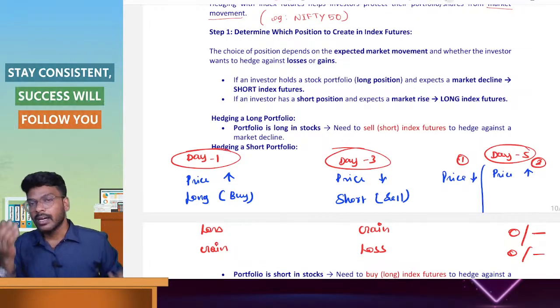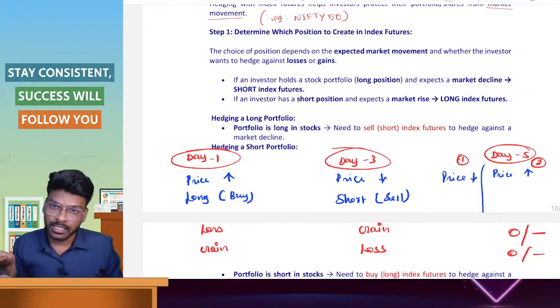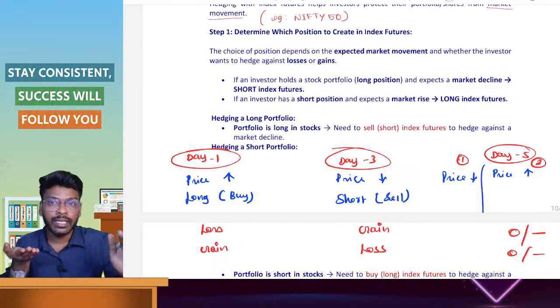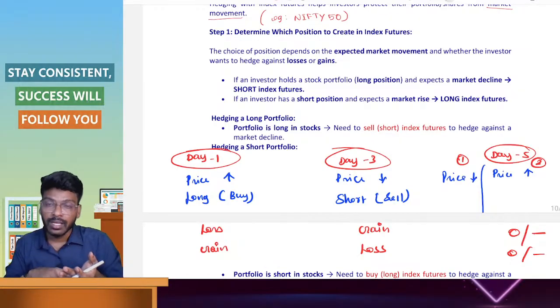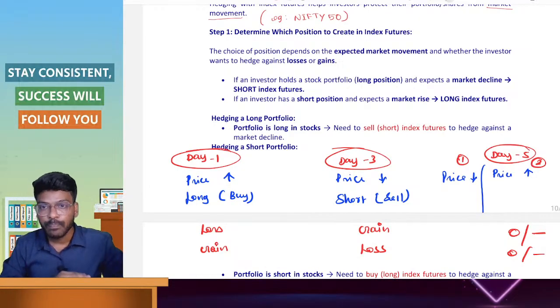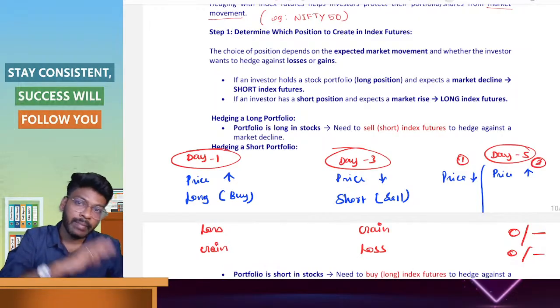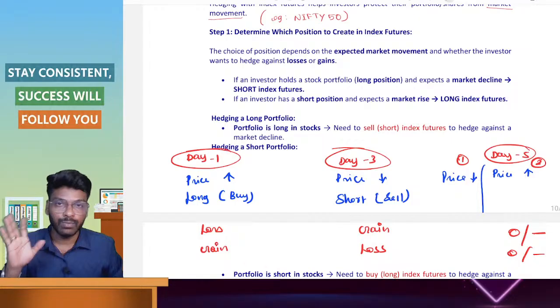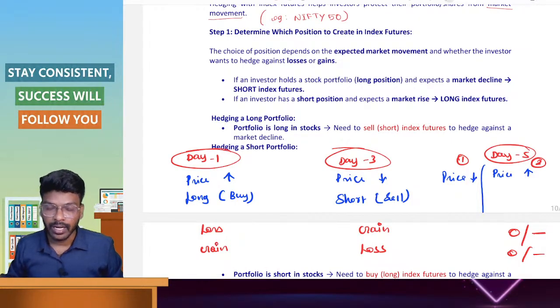Okay, in case I have Reliance shares, but Reliance share future is not available in the market, but the share index future is available, that is Nifty 50, then I will go for the futures market to mitigate my losses from price movements in the market.